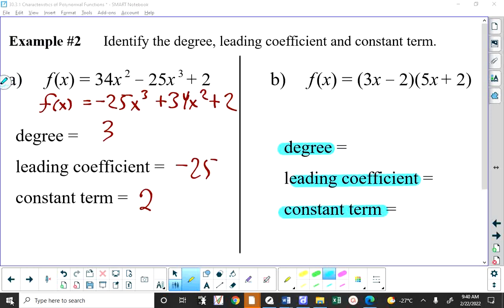When you write out a polynomial in decreasing degree, it's the first term that's going to tell you the leading coefficient and the degree, and it's the last term that's going to tell you the constant term. Well, that statement that it's the last term that will tell you the constant term, we'll come back to that. That's not always true.